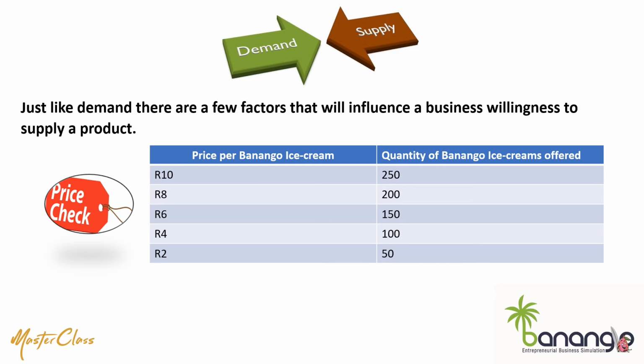If the supplier can charge 10 Rand, there will be 250 Benango ice creams offered. But if they can only charge 2 Rand, only 50 Benango ice creams will be offered. As the price decreases, so does supply, because it is less attractive to the suppliers to sell their product.